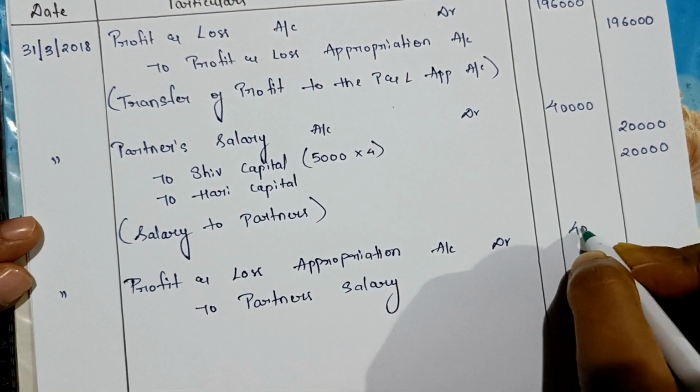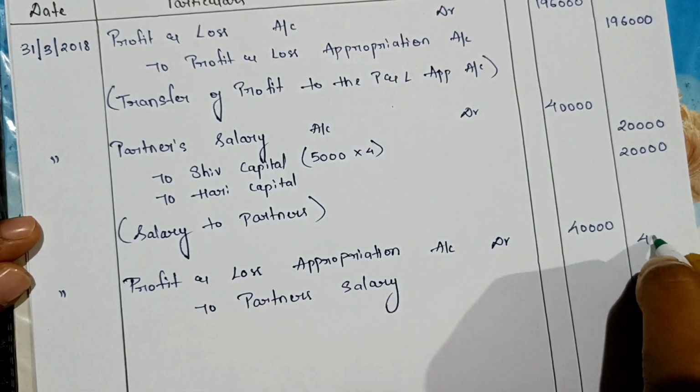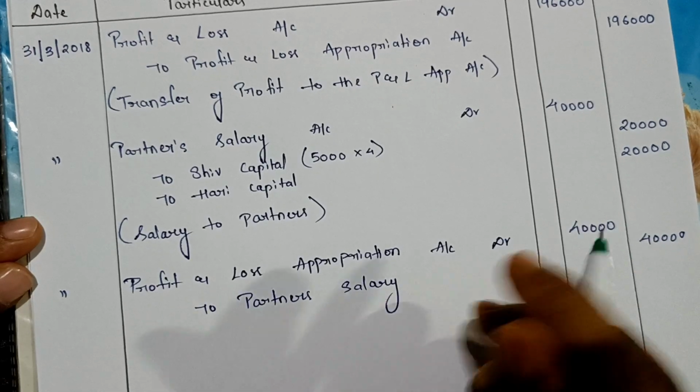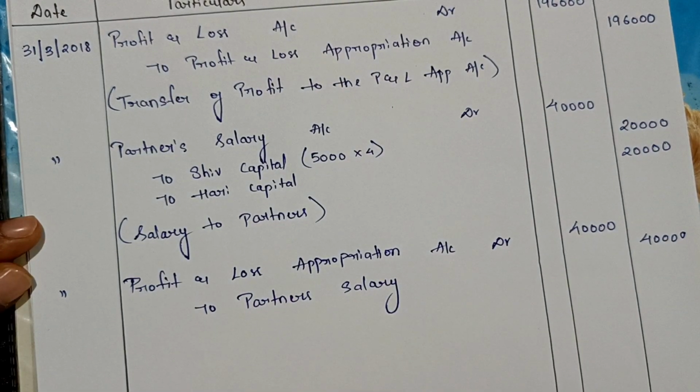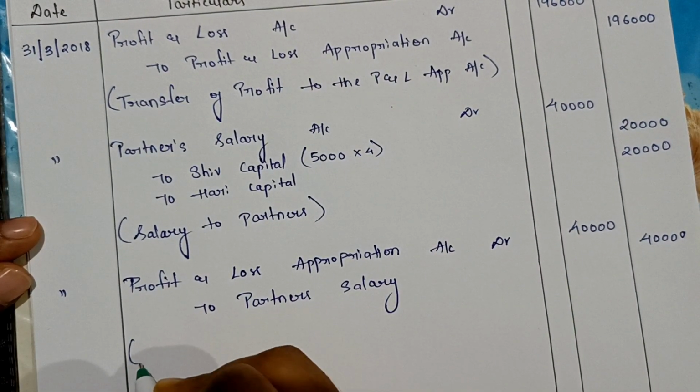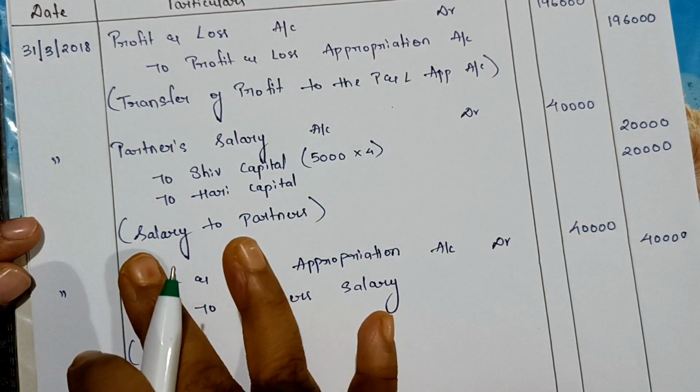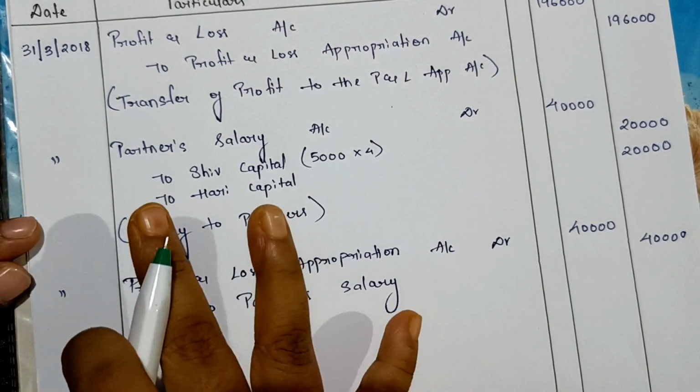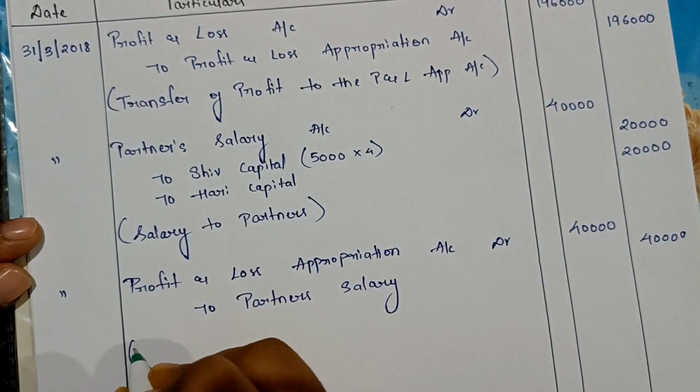The amount will be 40,000, 40,000. The total amount which we are going to transfer to the profit and loss appropriation account. So the narration will be the transfer of partner salary to the profit and loss appropriation account.